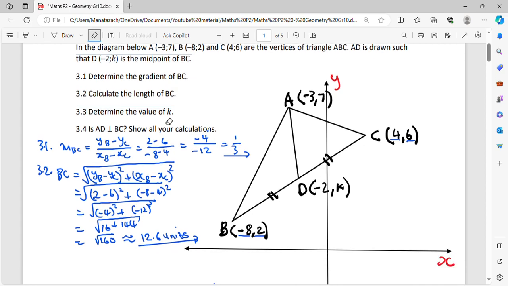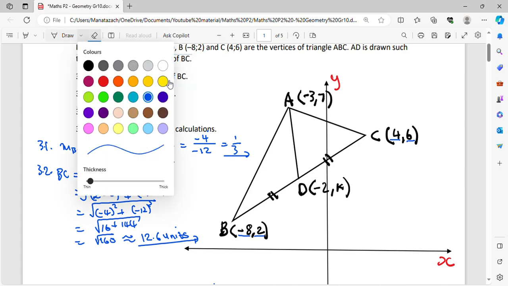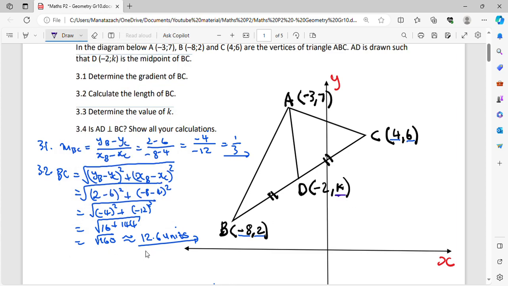Then question 3.3: determine the value of k. So that value there. Let's just choose a different color for question 3.3. That's the value you need to determine. Okay, what do we know?